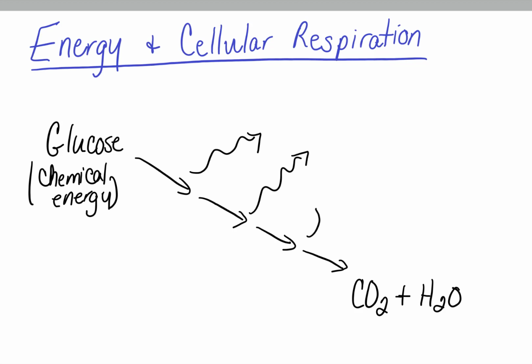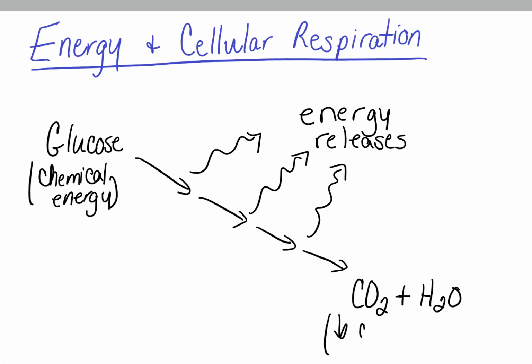I'm just going to use these squiggly arrows to represent energy. So here we have this energy being released in smaller increments over the entire metabolic pathway until we get to CO2 and water, which are lower chemical energy molecules as compared to glucose. I didn't write an arrow here, but let's just write an arrow up here that says higher chemical energy.